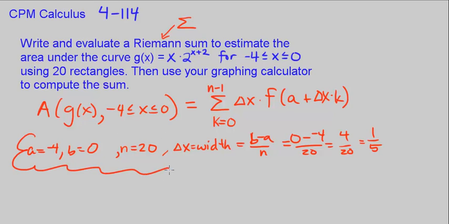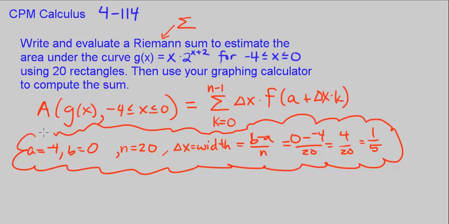I'm going to put this in a little bubble, because this is just a side note. So the area equals sigma starting at 0 going to n minus 1, well n is 20, so 20 minus 1 is 19. Delta x we computed is 1/5, times our function of a, we are given a is -4, plus delta x, which is 1/5, times k.